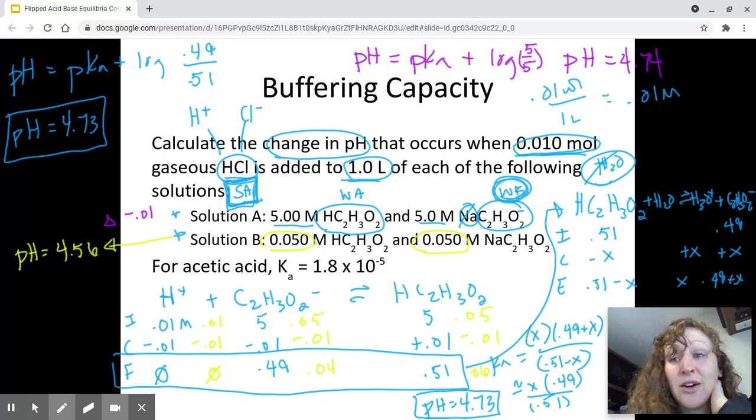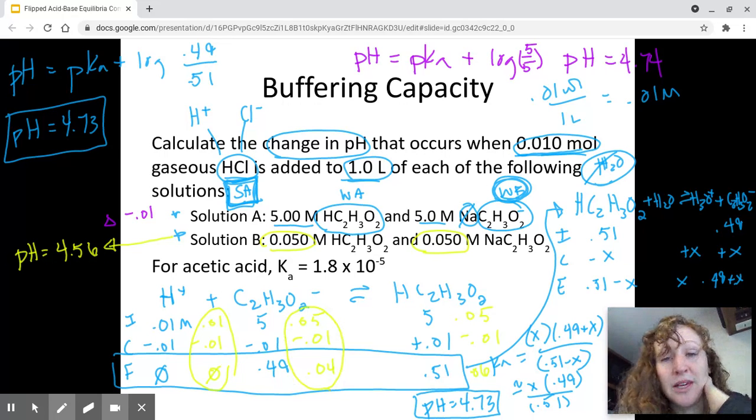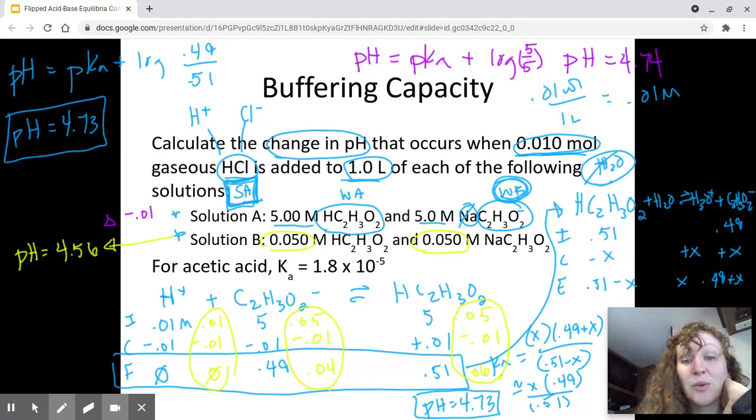4.56. Now, going from 4.74 to 4.56 is a bigger change, right? A much bigger change than with solution A. And you can see it's because the hydroxide reacted with a significant amount of my conjugate base and formed a significant amount of my weak acid. And so the ratio drastically changed.